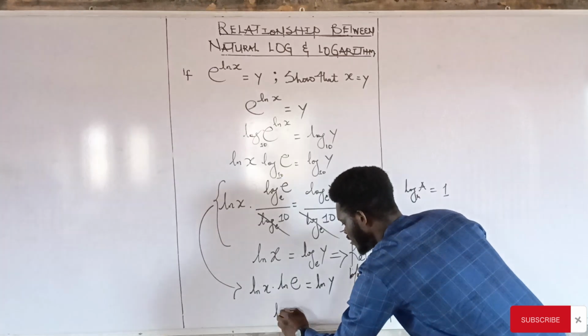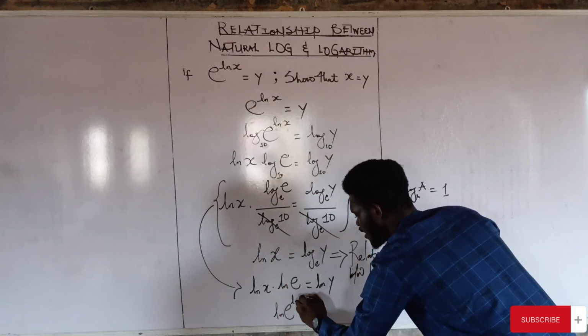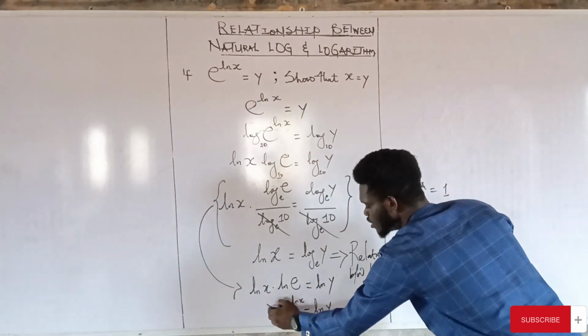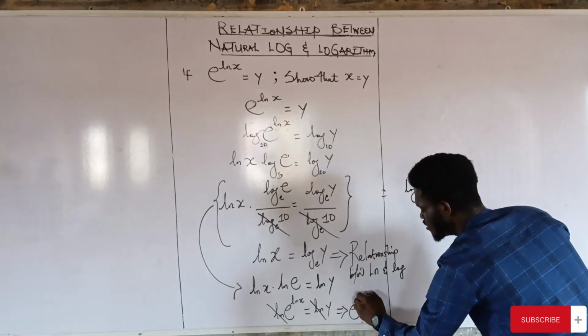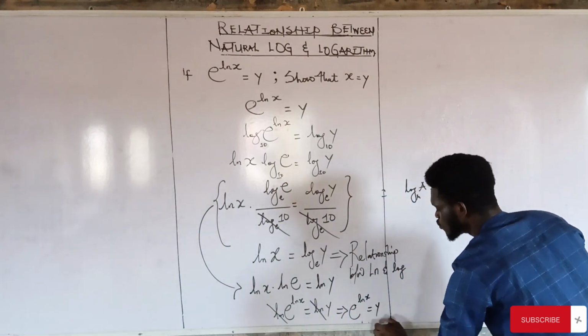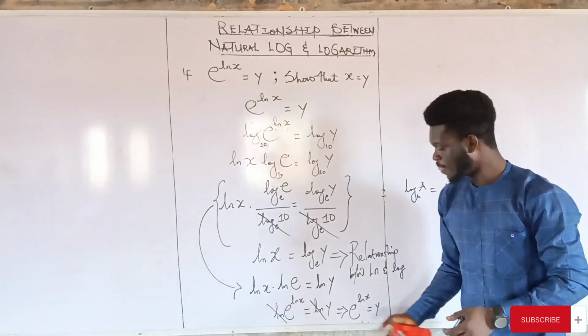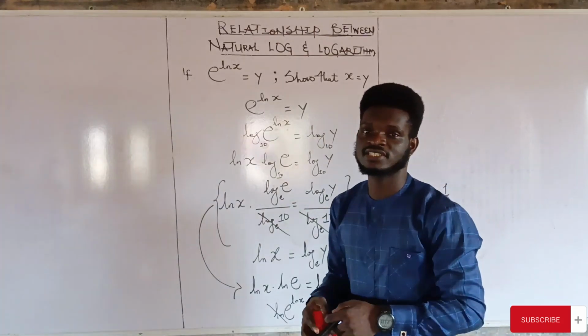We are going to have ln e to the power of ln x equals ln y. What happens? ln cancels out ln, and finally we have that e to the ln x is equal to y, which was where we were coming from. These are very, very important truths in logarithms that you must understand.